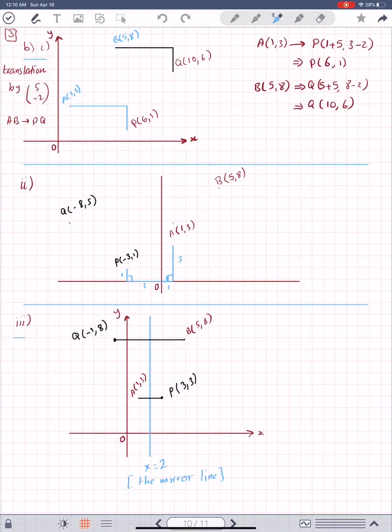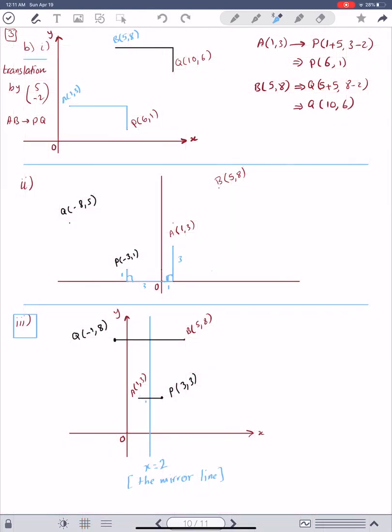This is the part we are in. You see it? This is part 3. So this is A, which is 1, 3 here. X equals 2, so the distance between, this is the meaning of mirror line and reflection. The distance between 1 and 2 is 1. So it must be 1 here.